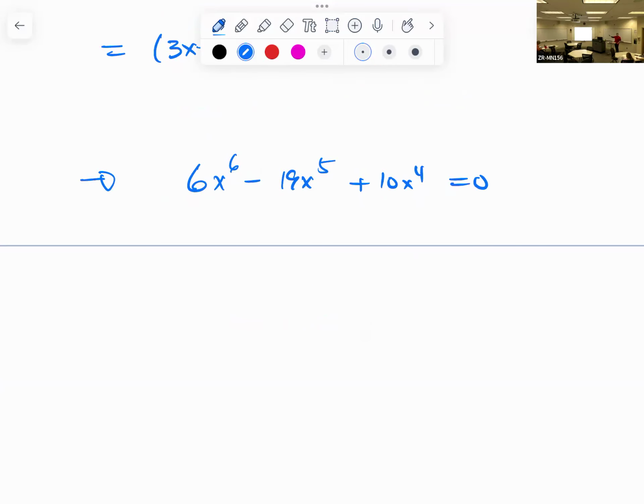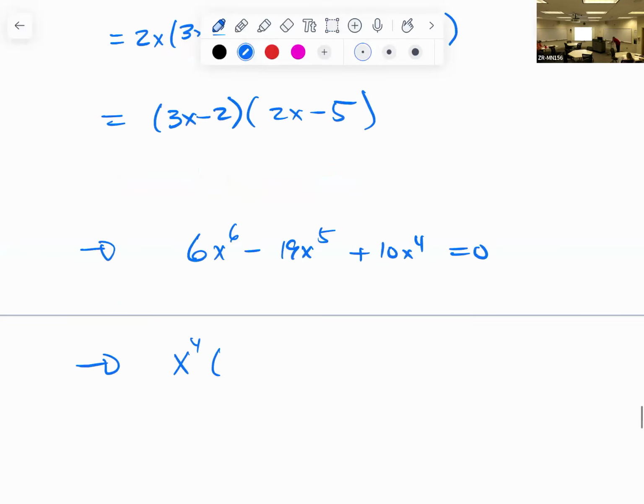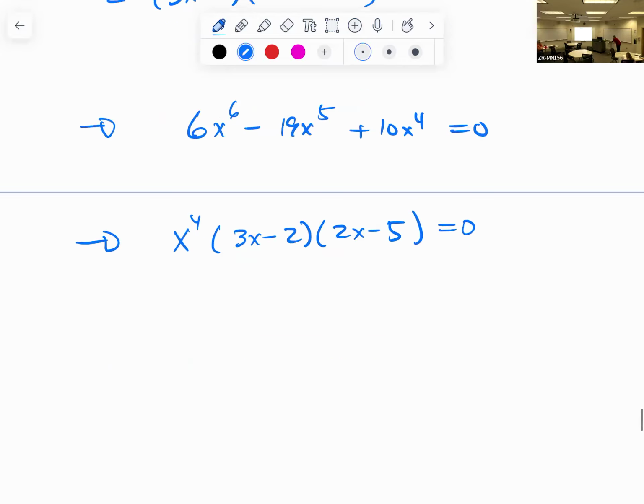This is what we started with. We factored that with greatest common factor and all kinds of stuff and turned it into this. We had our equation, that whole thing equal to 0, factored with greatest common factor and full diamond, and we turned it into this.